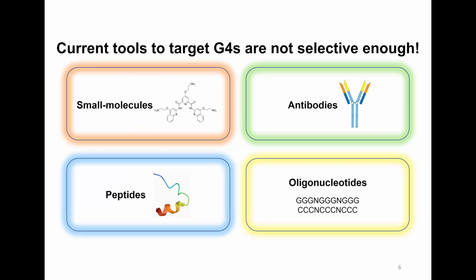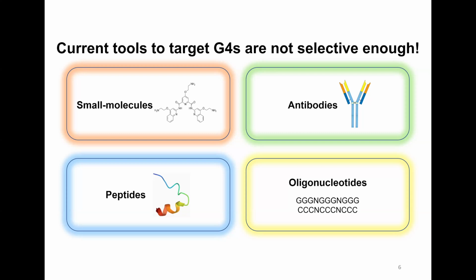However, the current tools for targeting G4 are not very selective. There are four major classes of tools currently: small molecules like PDS, NDC3, BRACO-19, etc.; antibodies, where you can buy BG4, and there are nanobodies now as well; peptides, either from an endogenous protein or de novo; and oligonucleotide approaches.